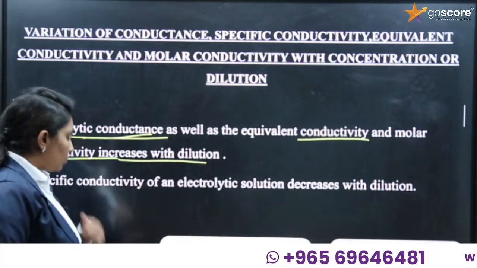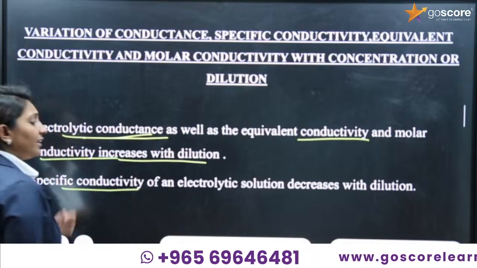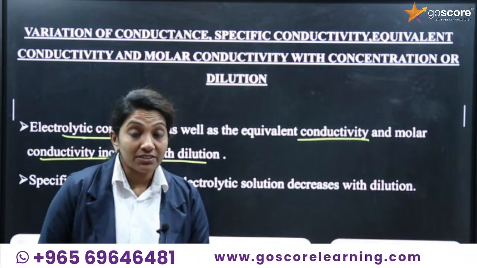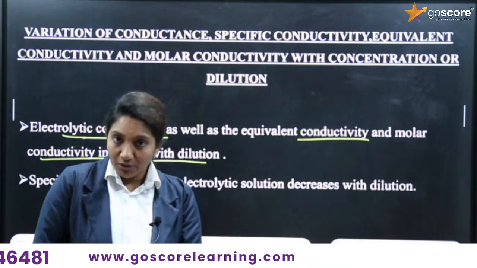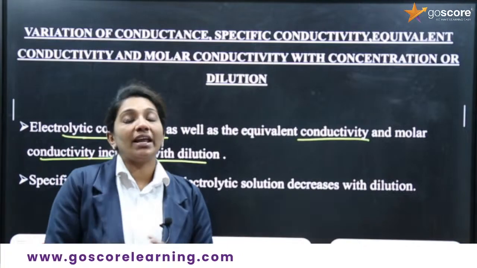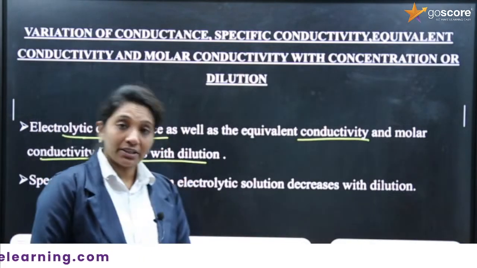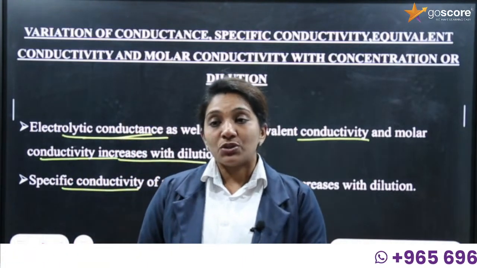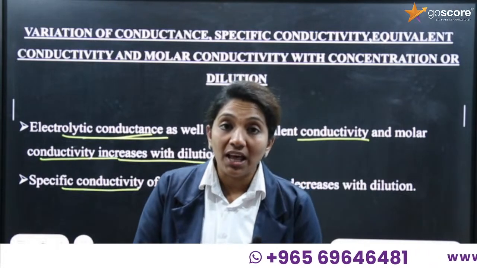Okay. So in the same way, the equivalent conductivity and the molar conductivity also increase. That I will explain to you once I explain this. Why does the specific conductivity of an electrolytic solution decrease? Specific conductivity means within a specified volume, how many ions are there which will be carrying the conductance, right? So when you are diluting, what will happen?